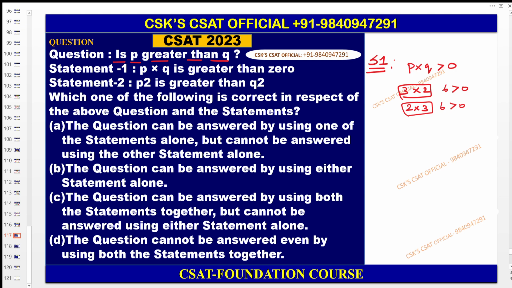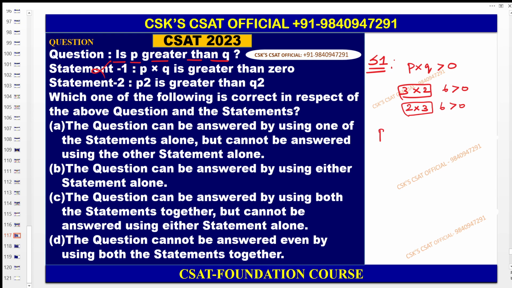Since the possibility arises, 3 into 2 and 2 into 3, in the first case P is greater than Q, and in the second case P is lesser than Q. Therefore, you can't say whether P is greater than Q without knowing the exact values of P and Q. So with statement number 1, you can eliminate that one.